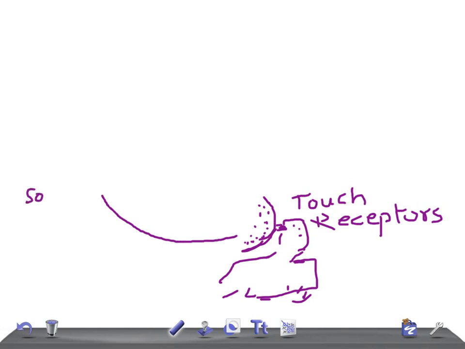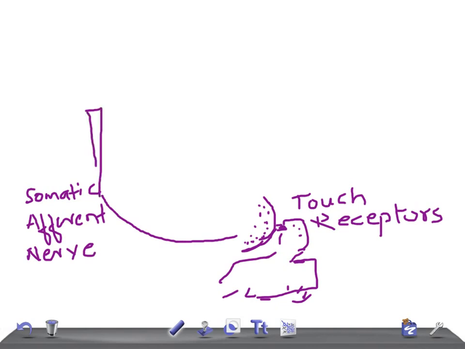Somatic afferent nerve fibers go to the spinal cord, and this will go and end on two nuclei.